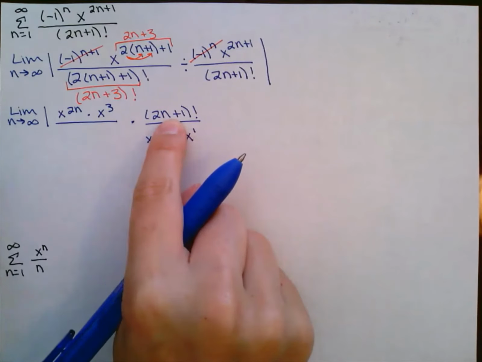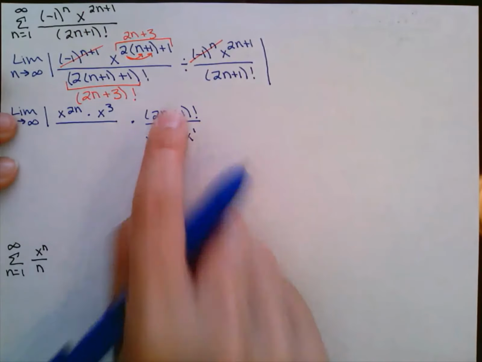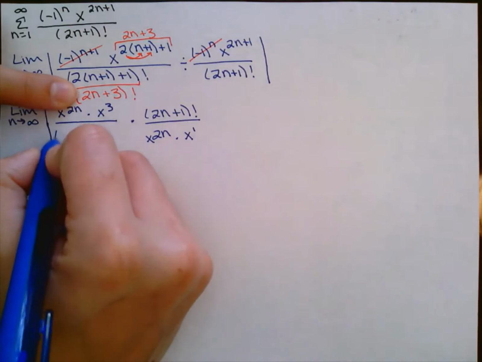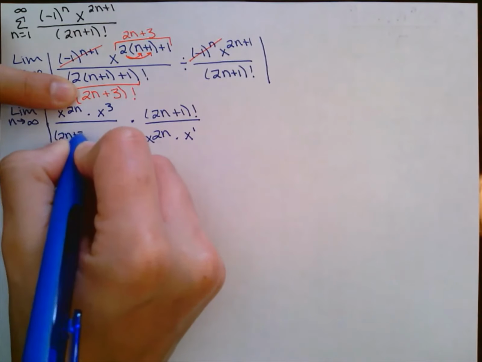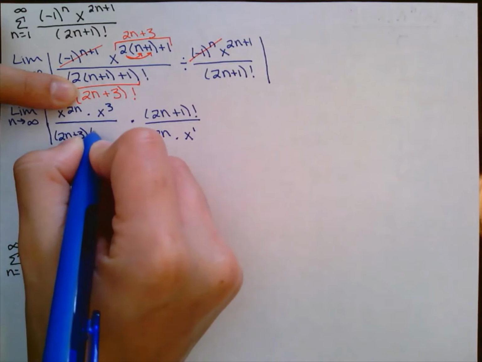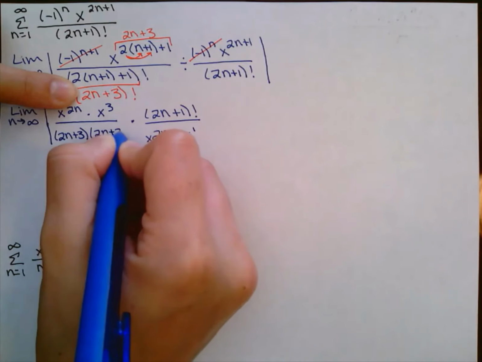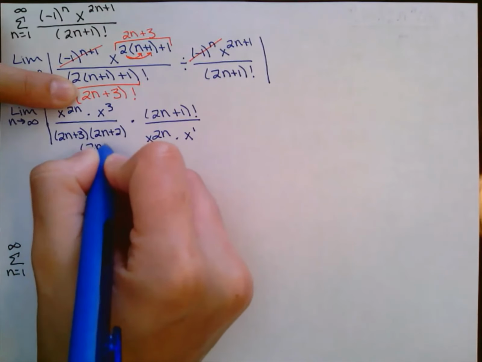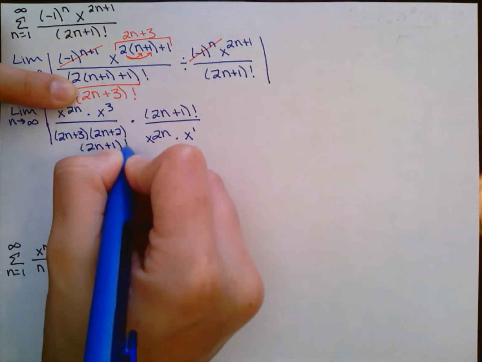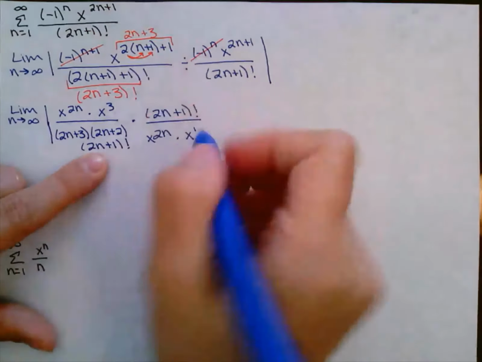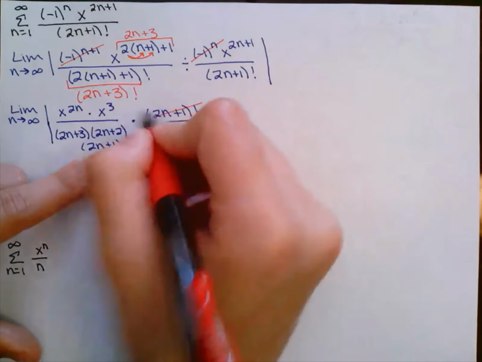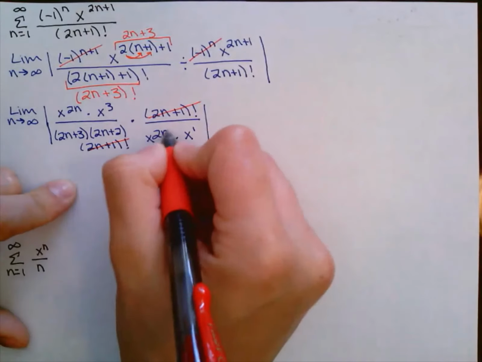Now, if I want to get this down to a 2n plus 1 factorial, I can split this guy here. 2n plus 3, 1 less would be 2n plus 2, and then one more down would be a 2n plus 1. Then I can put my factorial, and now it will cancel with that one. Okay, ran out of room there, but they cancel, and now these two cancel.